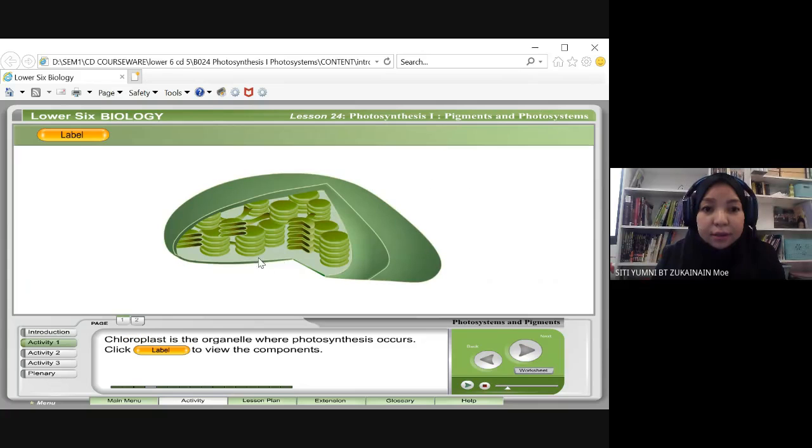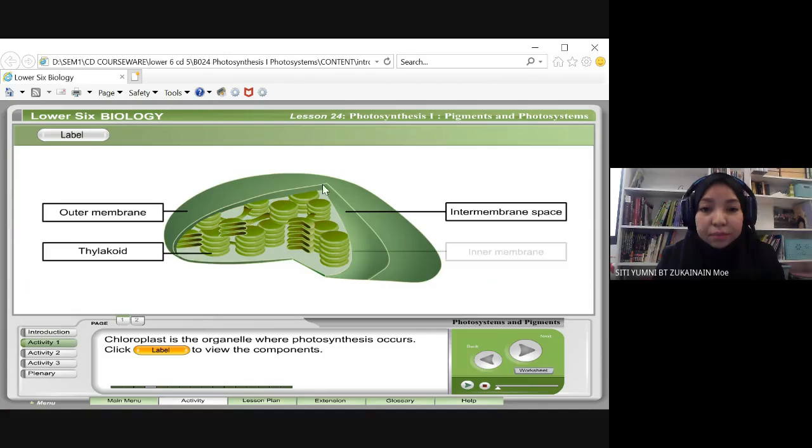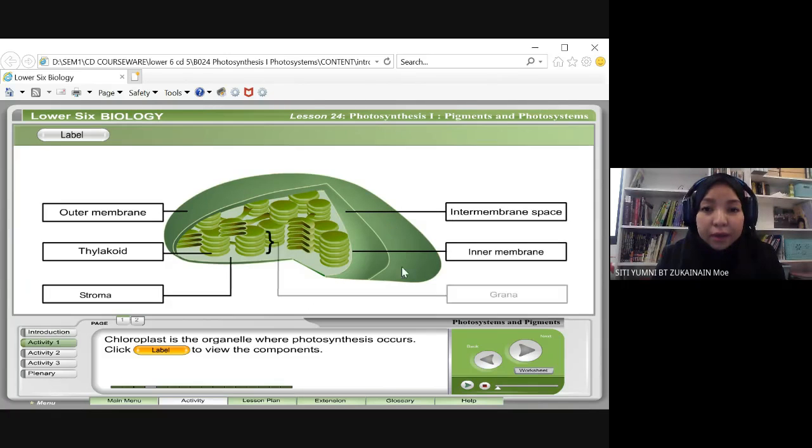Here is a chloroplast organelle, where photosynthesis occurs. I click on the label so that you will know the parts of the chloroplast organelle.